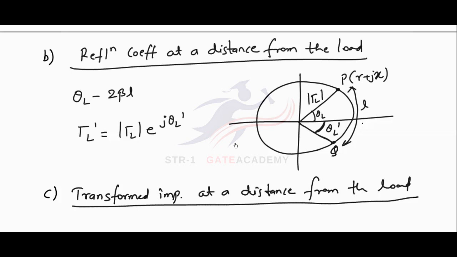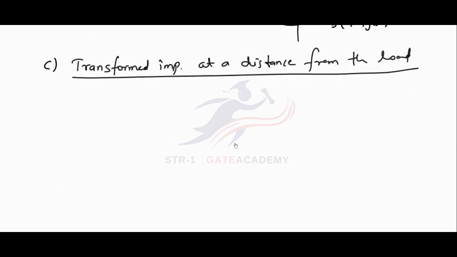That particular impedance will be the transformed impedance. So this R dash plus jX dash will be the new impedance. It is very easy to find; by equations, you need to use the impedance transformation relation, and then you can find the value of impedance at any distance L.